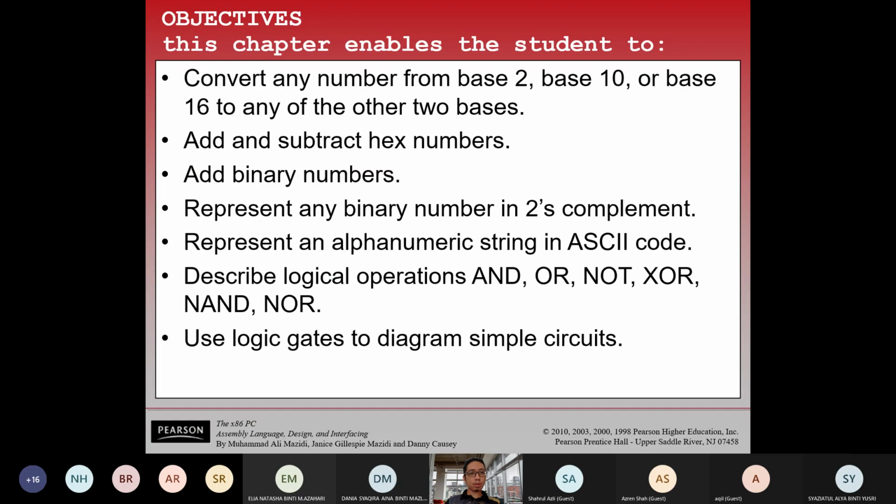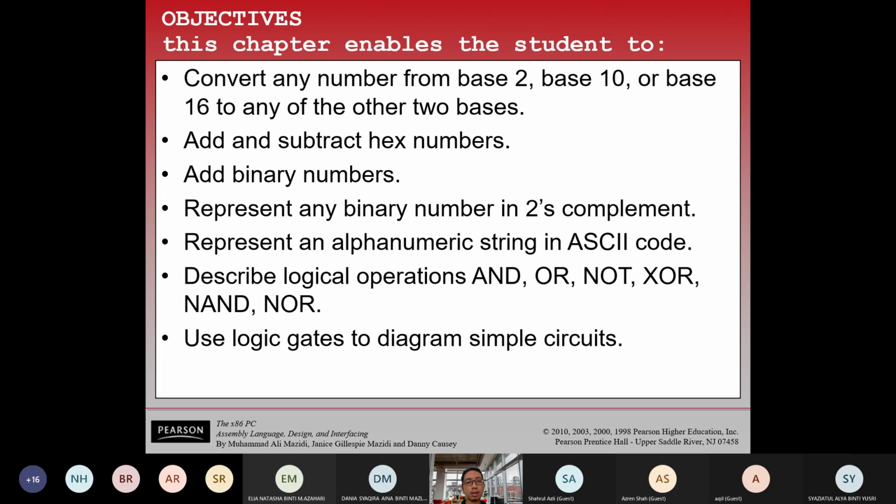First you will learn about the conversion of numbers, from base 2, base 10, or base 16, and doing addition and subtraction.